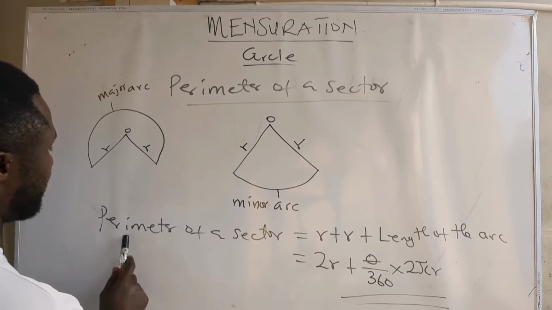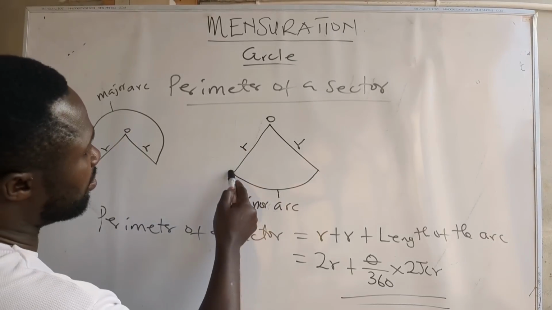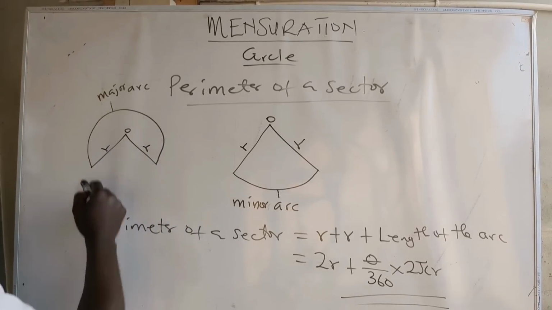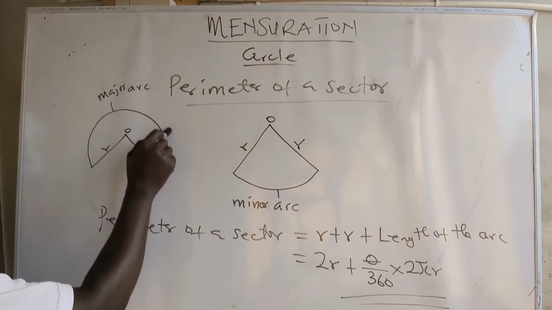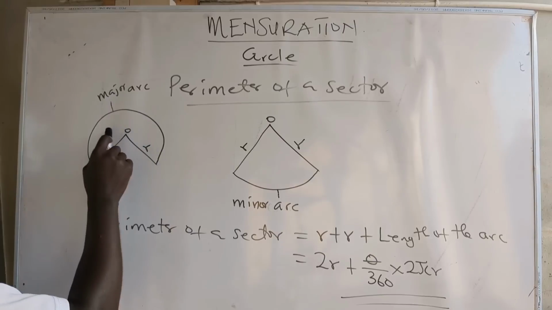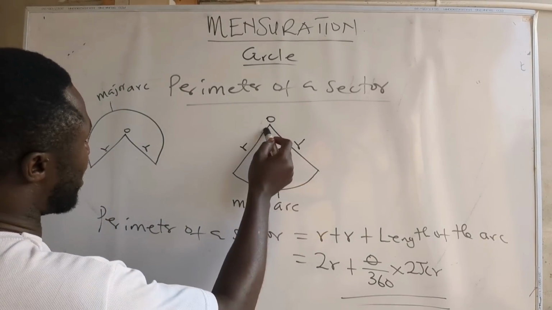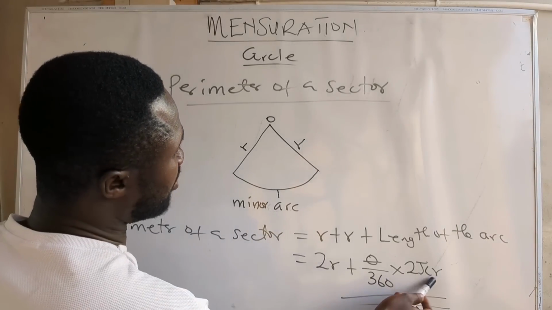So the perimeter of a sector is the distance around the sector: 2r plus the length of the arc. The angle here represents the angle at the center, whether it is a major sector or a minor sector, divided by 360 times 2 pi r.